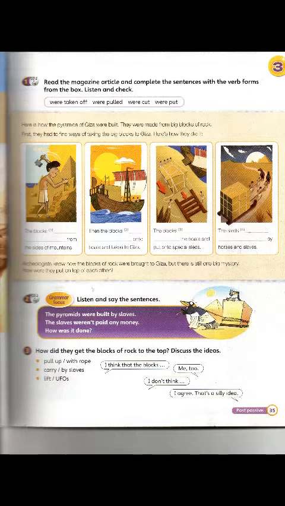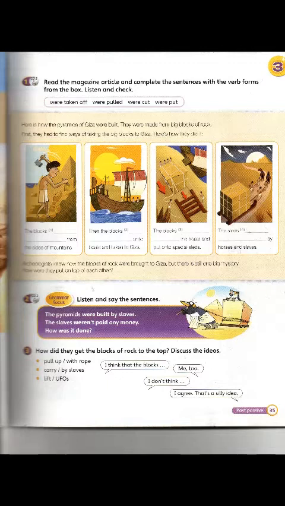How was the text? It was interesting, right? Because we can learn different cultures from other countries. So let's take a look at your answers from number 1 until number 4. Number 1. The answer of number 1 is were cut. The blocks were cut.